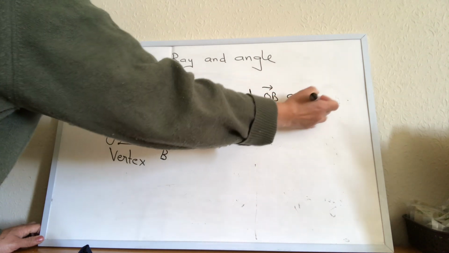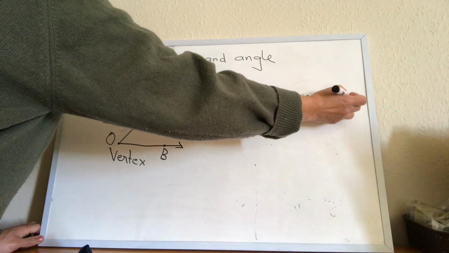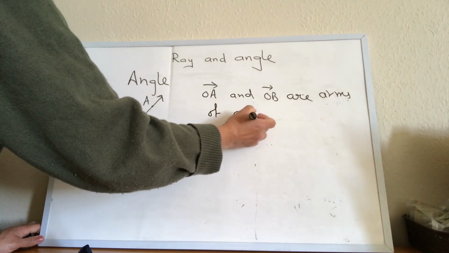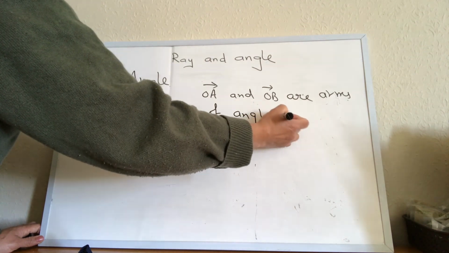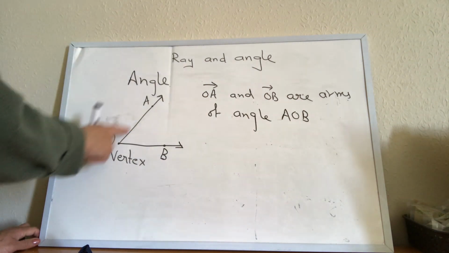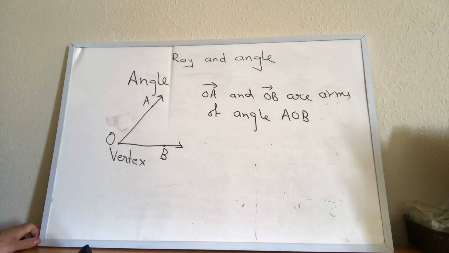OA and OB are arms of angle AOB. Now there is only one angle being formed here.